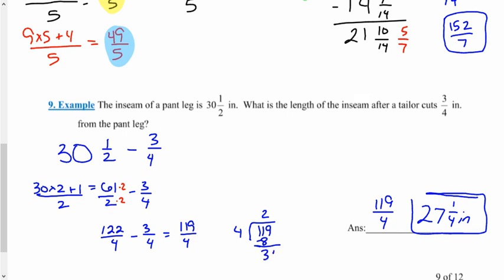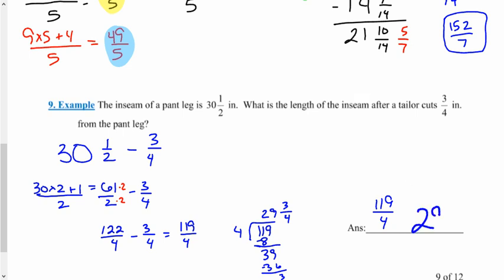So I've got, how about 39, and of course 4 goes into 39 9 times. That's 36. There we go. And that's 29 and 3/4. Okay, so much better. That is a much better answer.